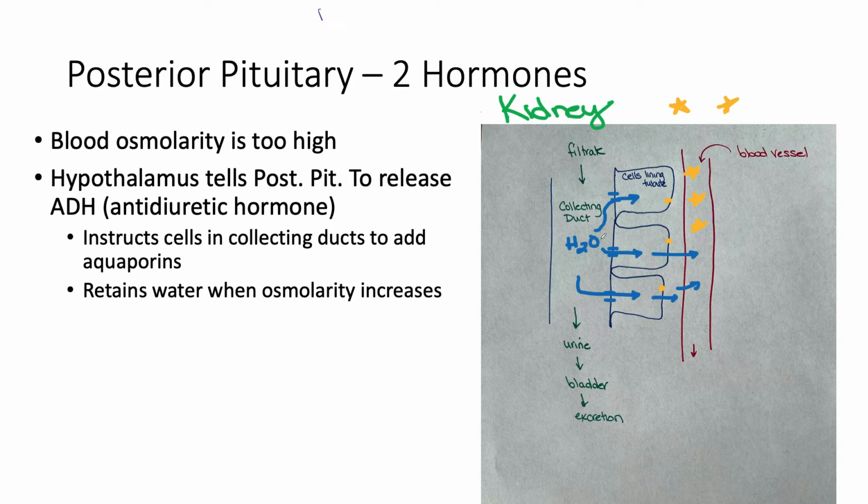It's because we were able to take water out of the filtrate, out of the urine, and save it back into the blood. If there's no ADH, there's no aquaporins, and that excess water will be excreted in the urine.